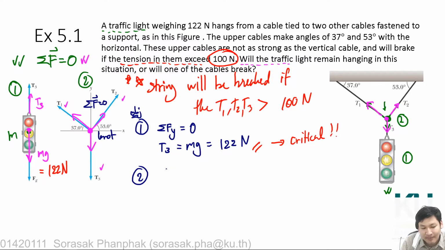What you can do is sum in the x direction and in the y direction, where each component is going to equal 0 because there's no moving in the x direction or y direction. How can you break these components? We will break the components out here.